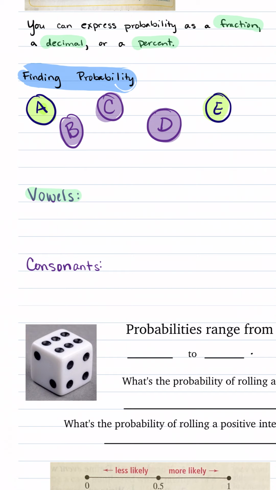Well, in this group, there are 1, 2, 3, 4, 5. So we have the potential of grabbing 5 different letters. So 5 is the total number of possible outcomes.